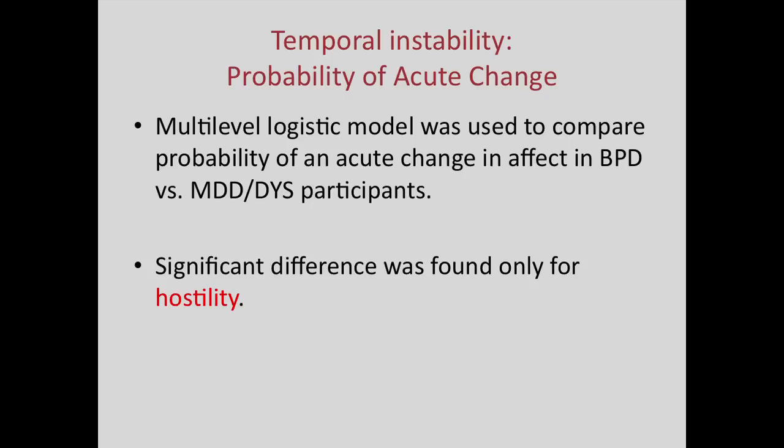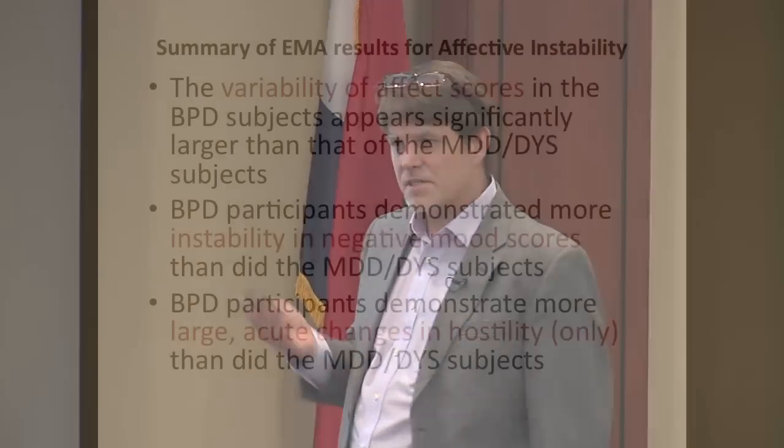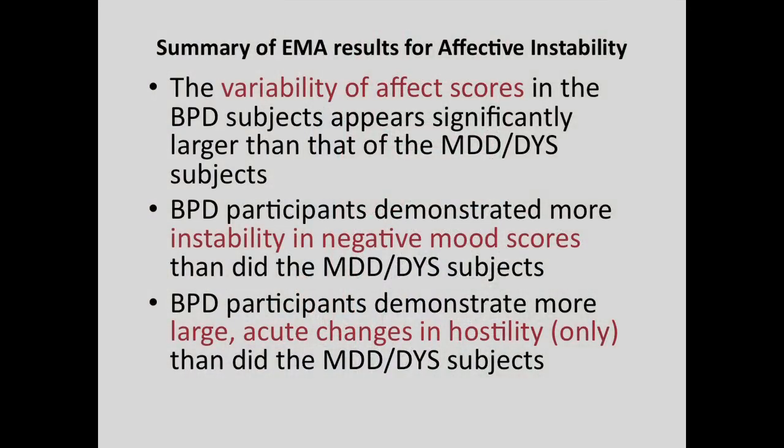And when we looked at just the probability of acute change, we only found evidence for hostility. I think you can make a case for why that is: the really big changes happened for that kind of anger outburst stuff, which is pretty characteristic of this disorder. So to summarize that initial study, the variability of scores differentiates between the two. You do have instability in negative mood scores, and then these large acute changes in hostility.